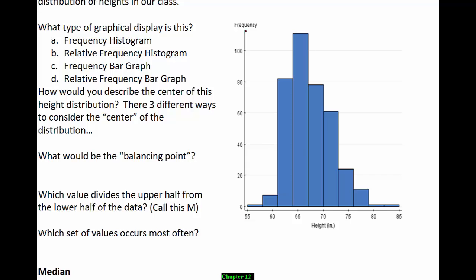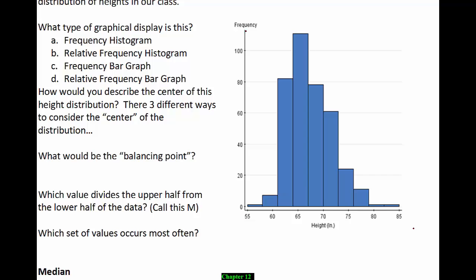That is simply categories. Our data on this horizontal axis is numbers. The bars touch, and on the horizontal axis, it's denoting a continuous distribution of numbers, and so this is a histogram.